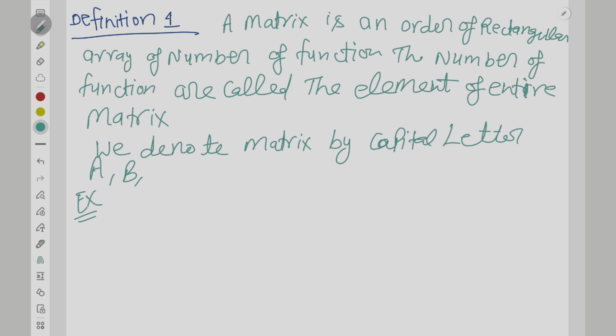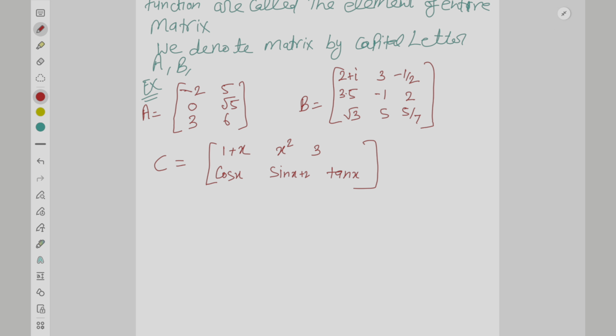And the next heading is order of matrix, 3.2.1.